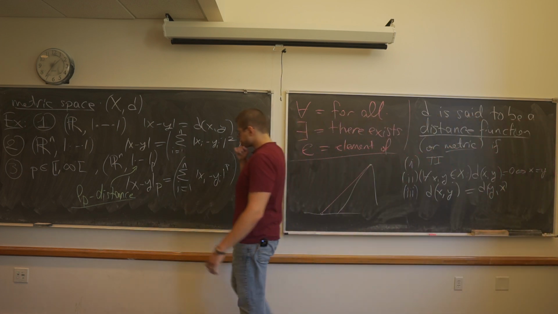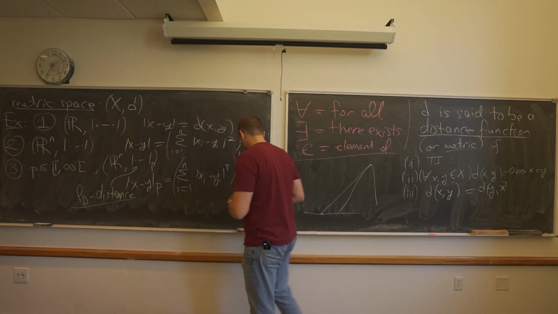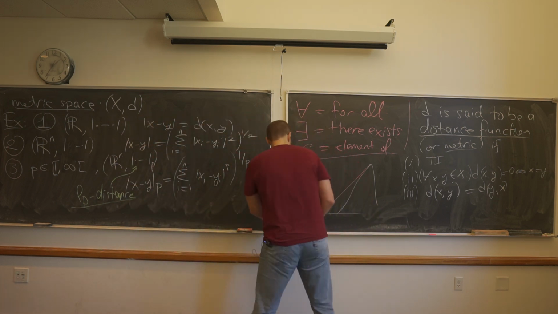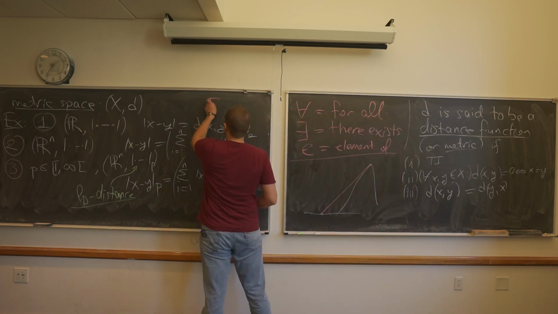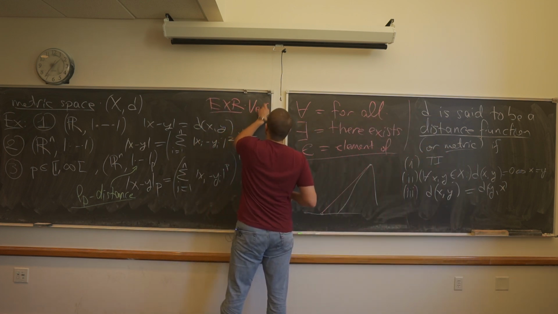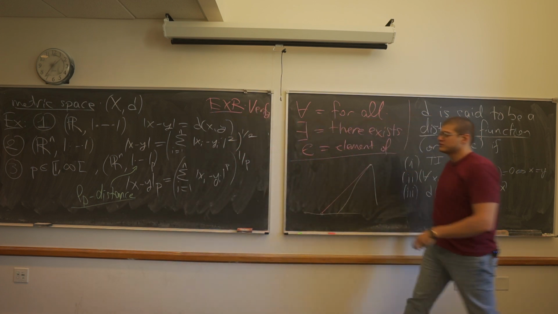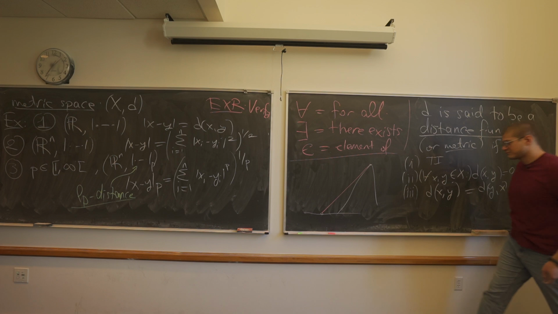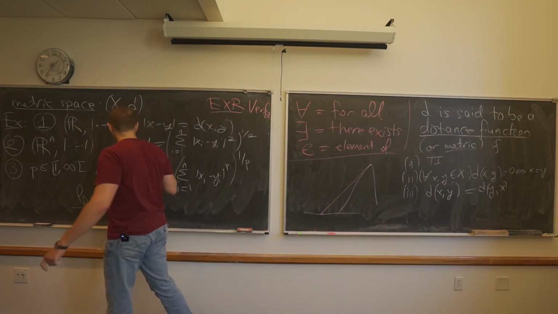Now, these two metric spaces, I'm leaving them to you to verify. That's an exercise that you might do for week 1 perhaps. You may want to do some of them. So these are different spaces.